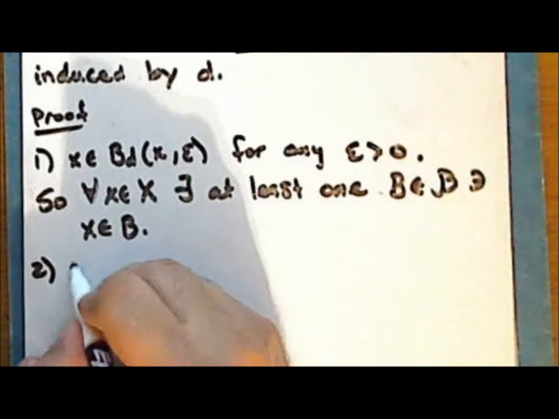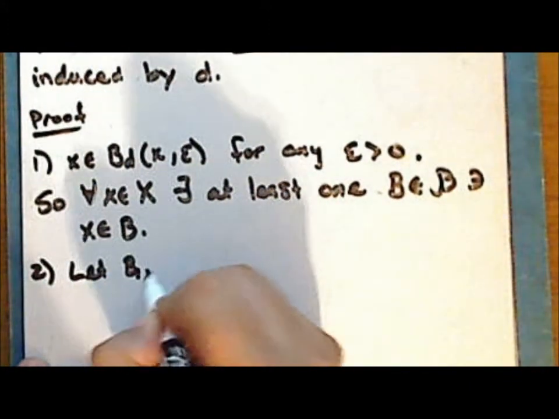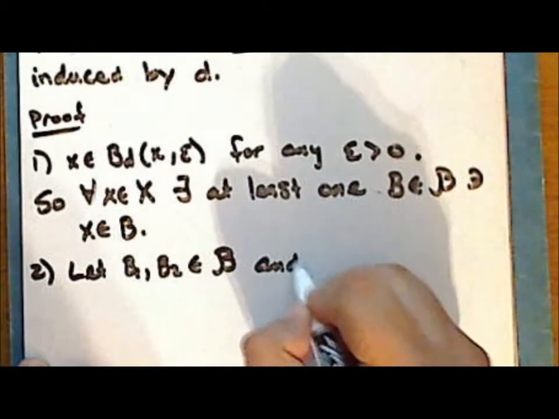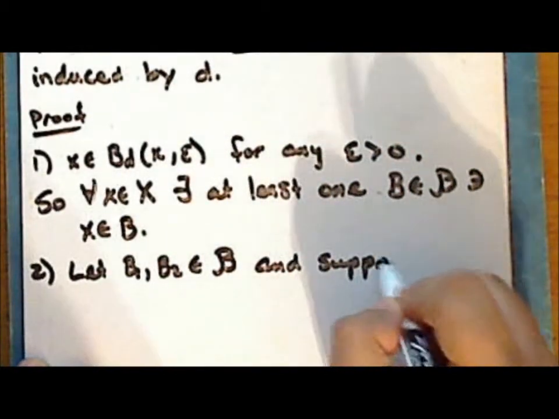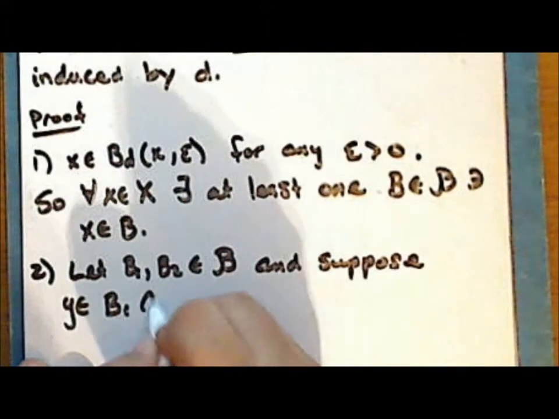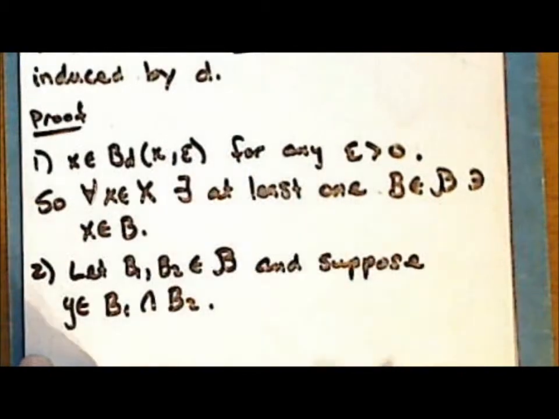So next, let B sub 1 and B sub 2 be two elements in the collection script B. And suppose that the point Y is in the intersection of these two elements.